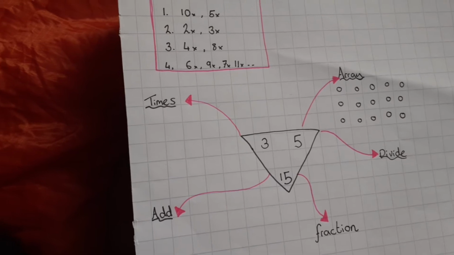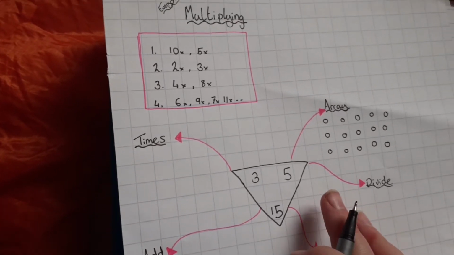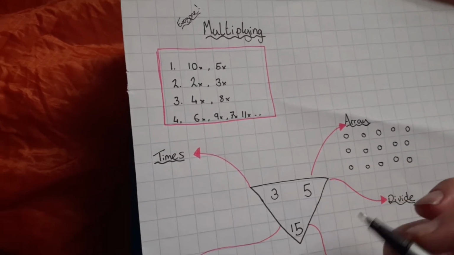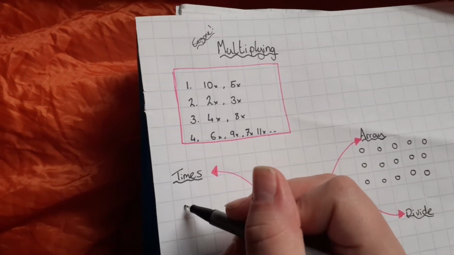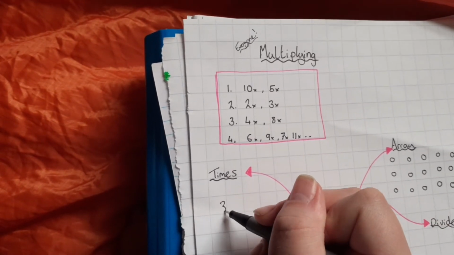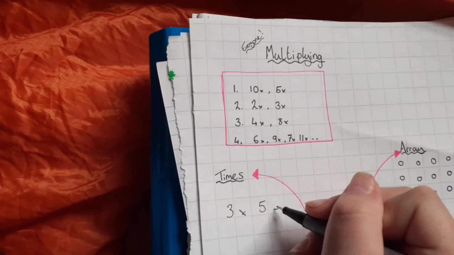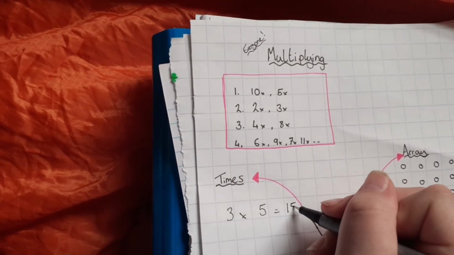So let's have a go. Can we write a times sum using those numbers then? Well, if I go along the lines, I've got 3 lots of 5. Oh, need to move my piece of paper. 3 lots of 5 make 15.